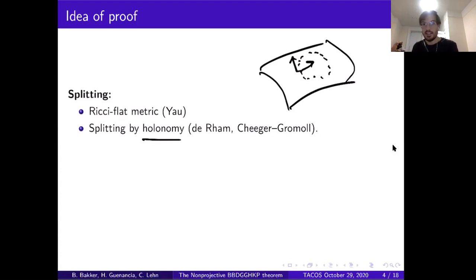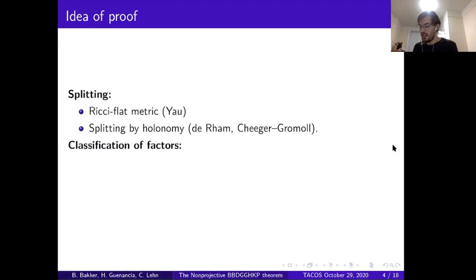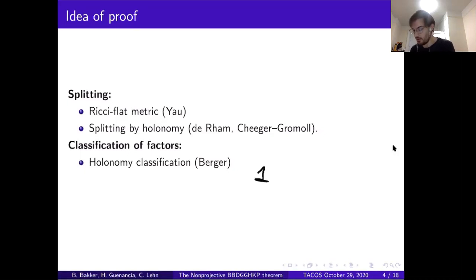So that will give us a splitting into Riemannian manifolds with certain holonomy properties. And then the next step is to actually understand the pieces that show up and say something about them. So the first step of this is a classification of which holonomy groups show up. And there's basically, in this case, 3 that show up. There's the trivial group, there's the symplectic group, and there's the special unitary group.